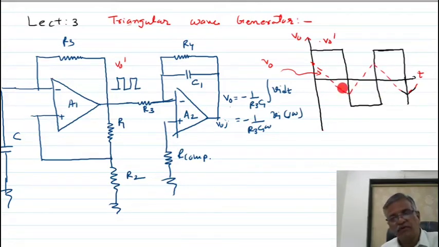For a triangle wave, as frequency increases, the amplitude decreases, because the reactance of the capacitor decreases. The resistor R4 is connected to avoid the saturation problem at low frequency, that we have seen in an integrator circuit.